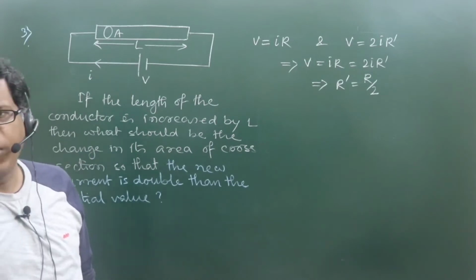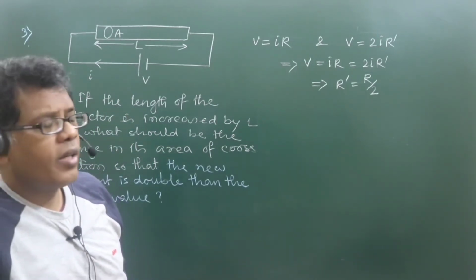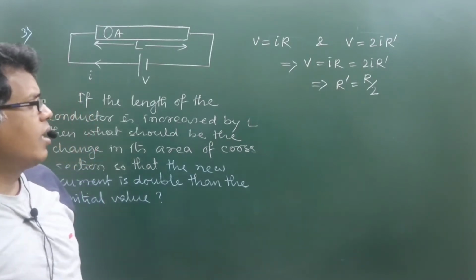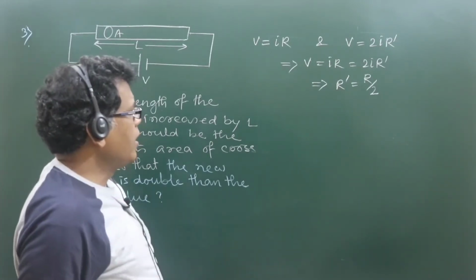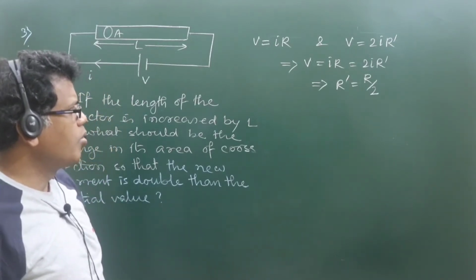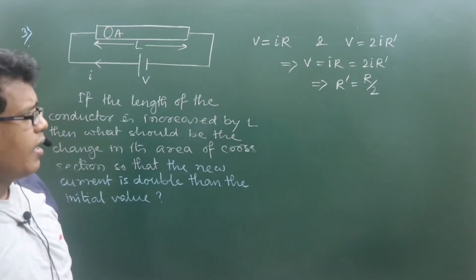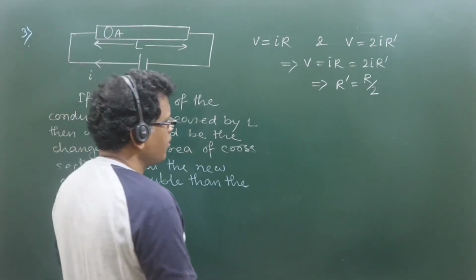Whenever the current increases by the same factor, that is, whenever it becomes twice the initial value, then the resistance will also change and the final resistance will become R by 2.